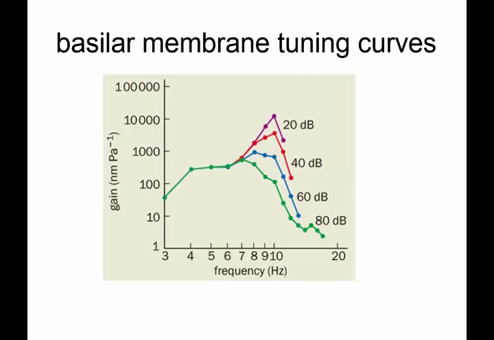So, at which amplitudes are you best at frequency selectivity? Are you better at 20 decibel or better at 80 decibel? 80. How do you justify that from this figure? Yeah, but that's actually a bad thing, believe it or not.